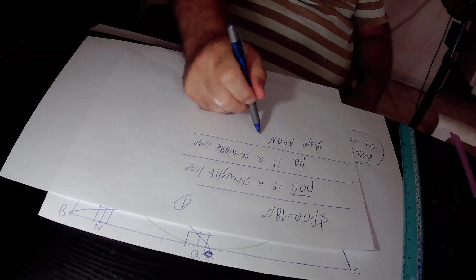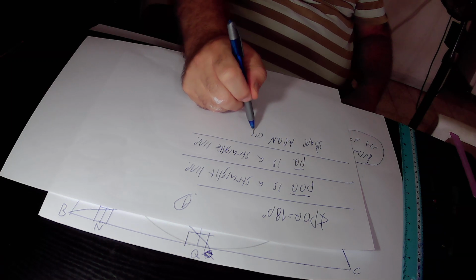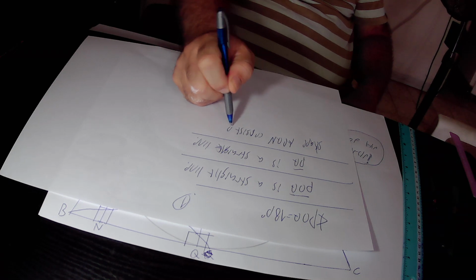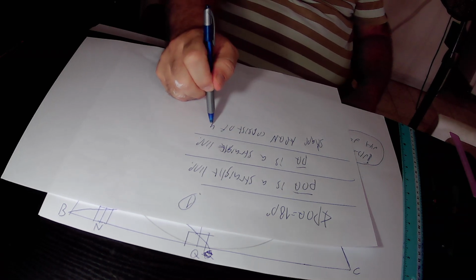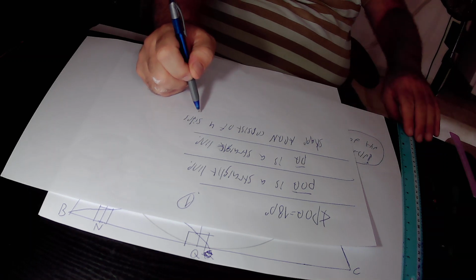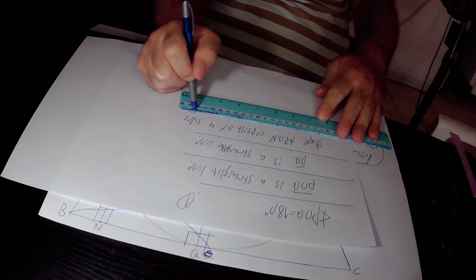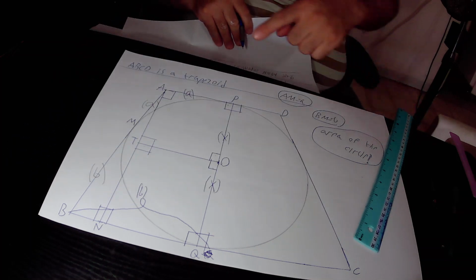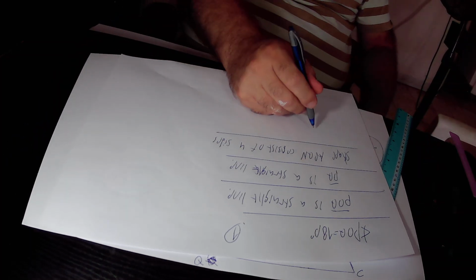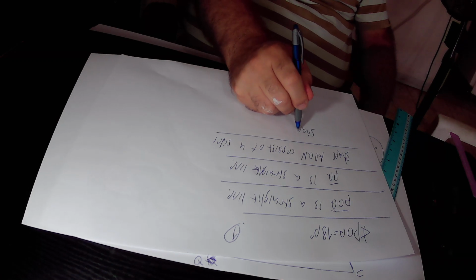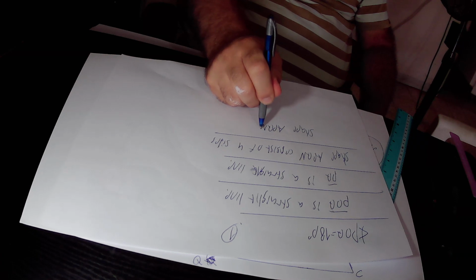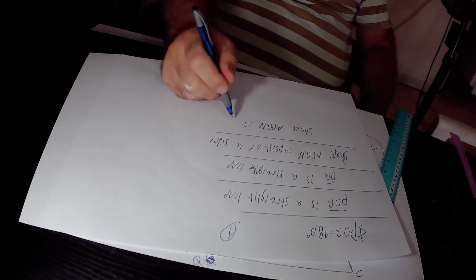And therefore, shape APQN is a quadrilateral.